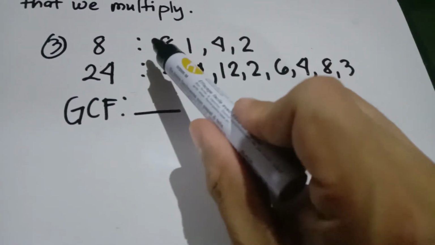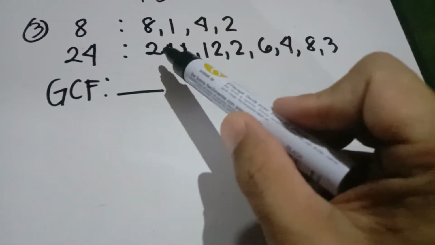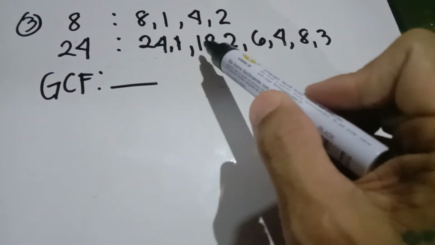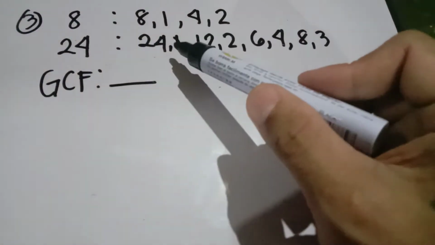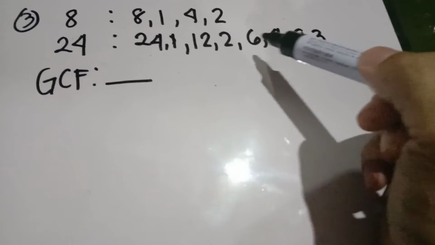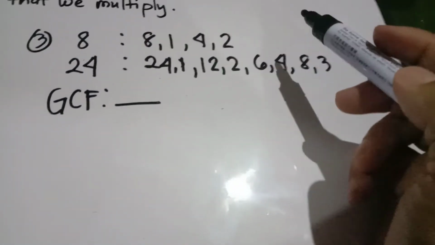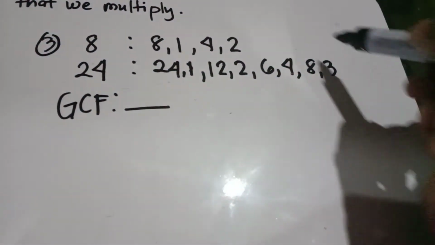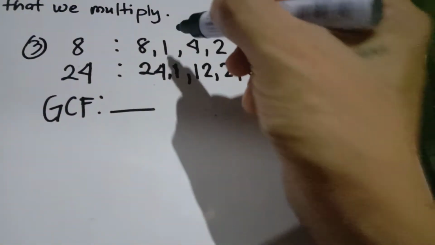So 8 has 4 factors. 24: 24 times 1, 12 times 2, 6 times 4, 8 times 3. So 2, 4, 6, 8. 24 has 8 factors.